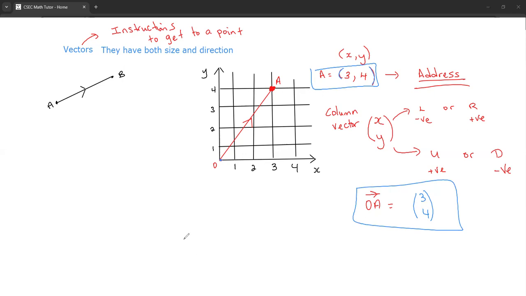So hence, if they give us a question like this, let's say they gave you that B is equal to -7, 8. And they asked you to write OB as a column vector. Now, normally, anytime it's coming from O or the origin, we call them position vectors, right?